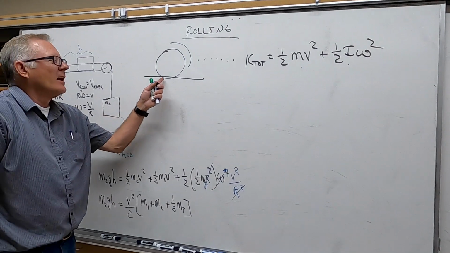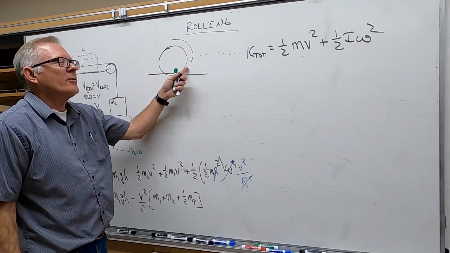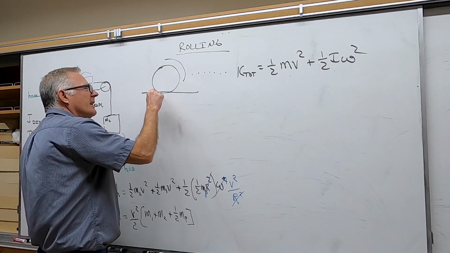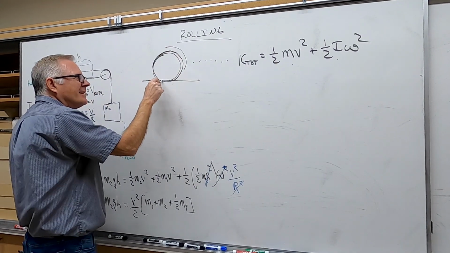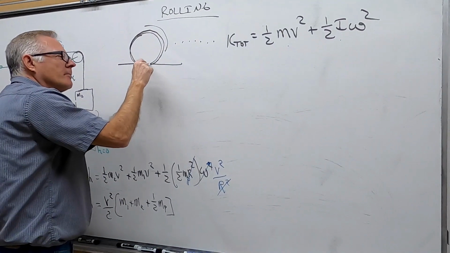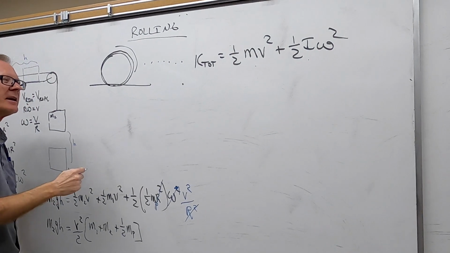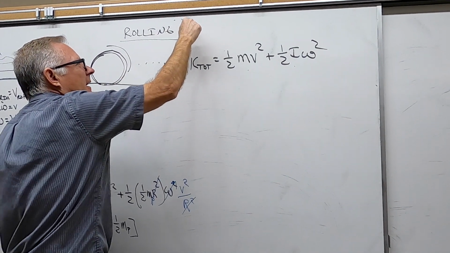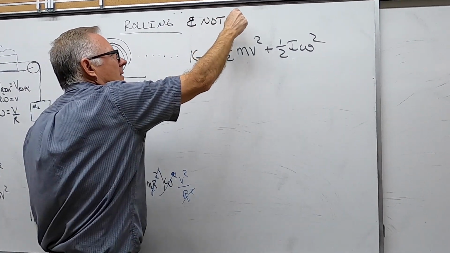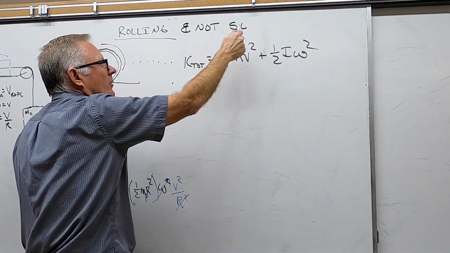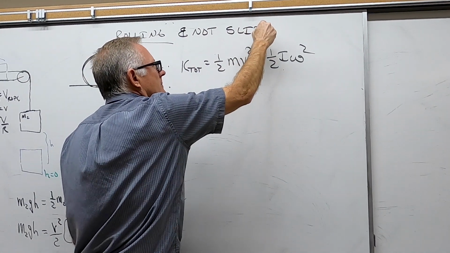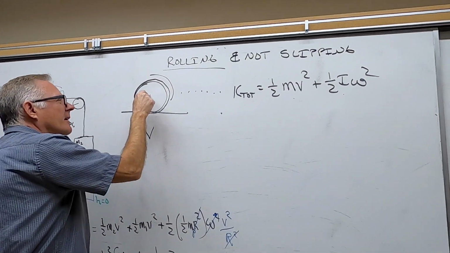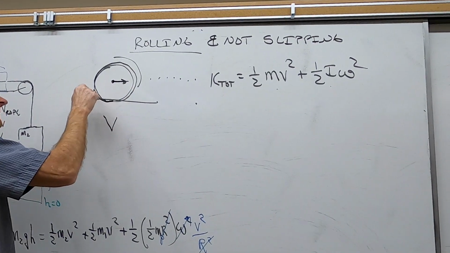And when we're rolling, I don't think we have any cases where you're actually slipping. What does that mean? That means that every time this goes around one time, this object moves the circumference right here. So if we say rolling and not slipping, which is all of our cases, we can say that the speed of the center is the same as the speed going around here.